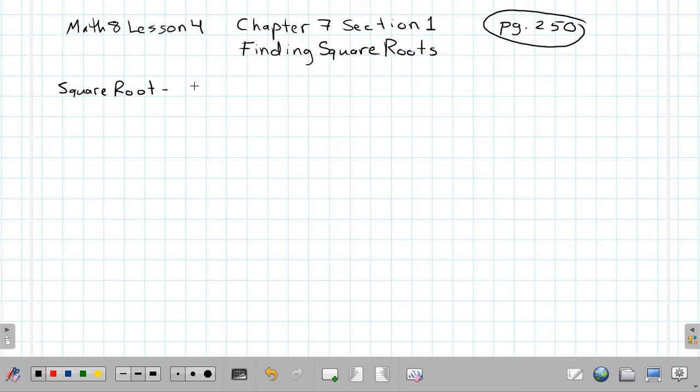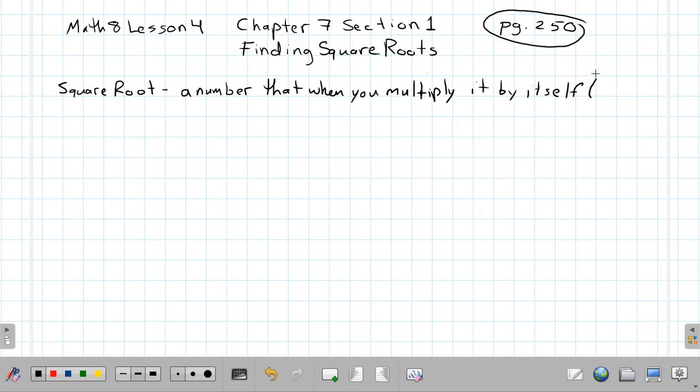Okay, so first things first, we got a square root, and a square root is nothing more than a number that when you multiply it by itself, and we have a special word for multiplying something by itself.